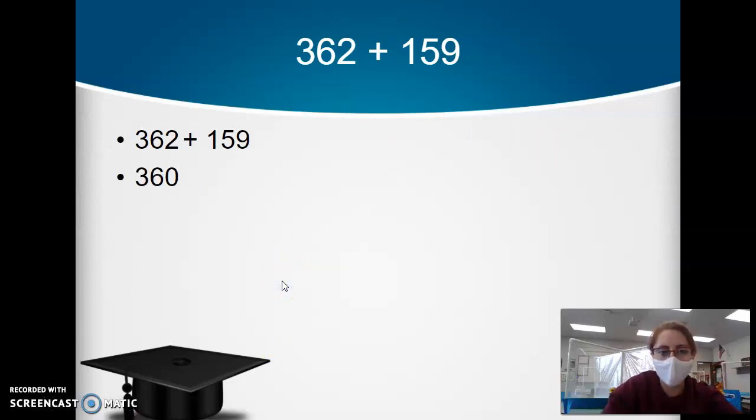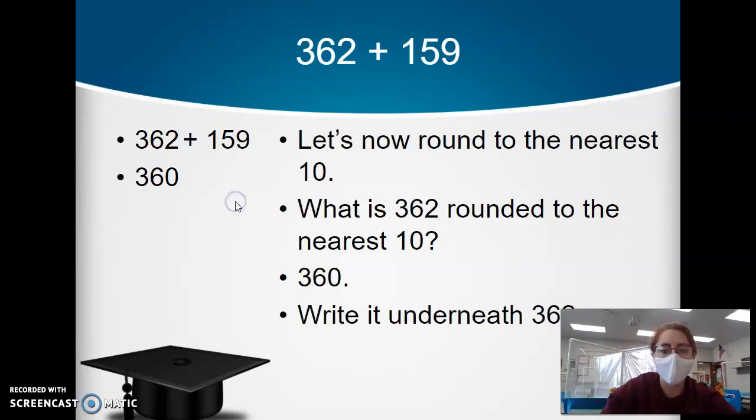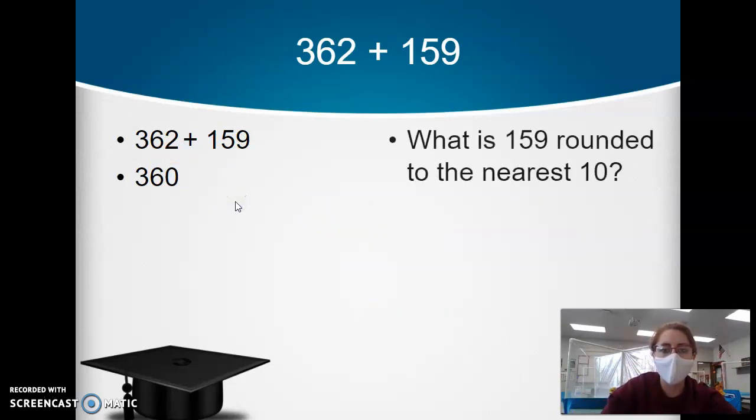Let's do it to tens this time. 362 goes down to 360 because the 2 in the ones place rounds down. What about 159? 159 is closer to 160 or 150? 9 rounds up, so it's going to be 160.